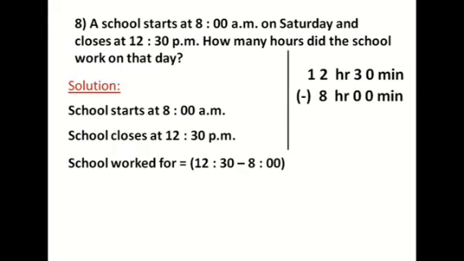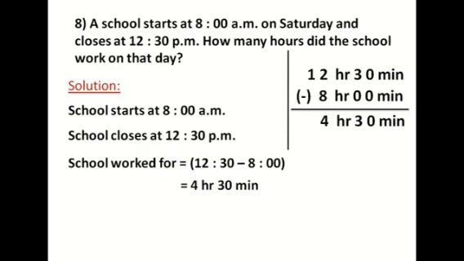Below that 8 hours 00 minutes. So here in the subtraction part, 30 minus 00 gives you 30. 12 minus 8 gives you 4. So it is 4 hours 30 minutes. So the final answer, the school worked 4 hours 30 minutes that day. It's a very easy sum. Please complete it.